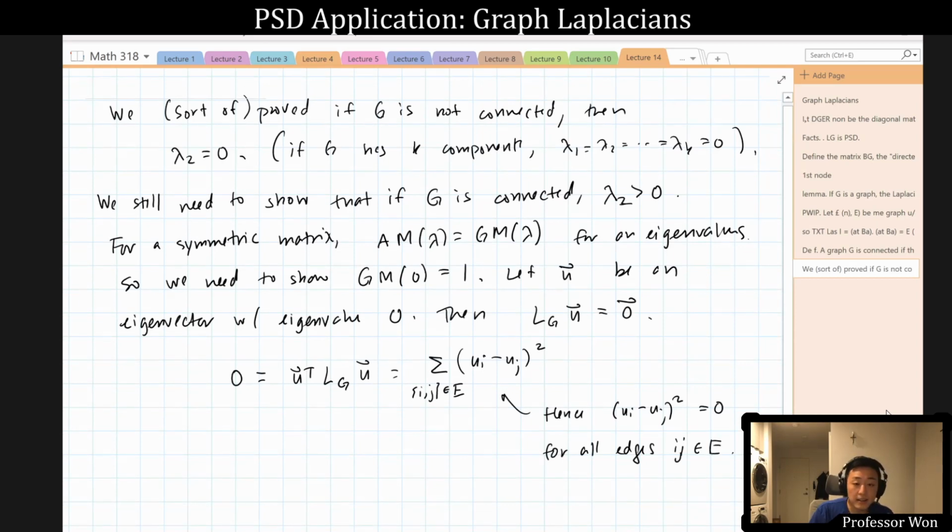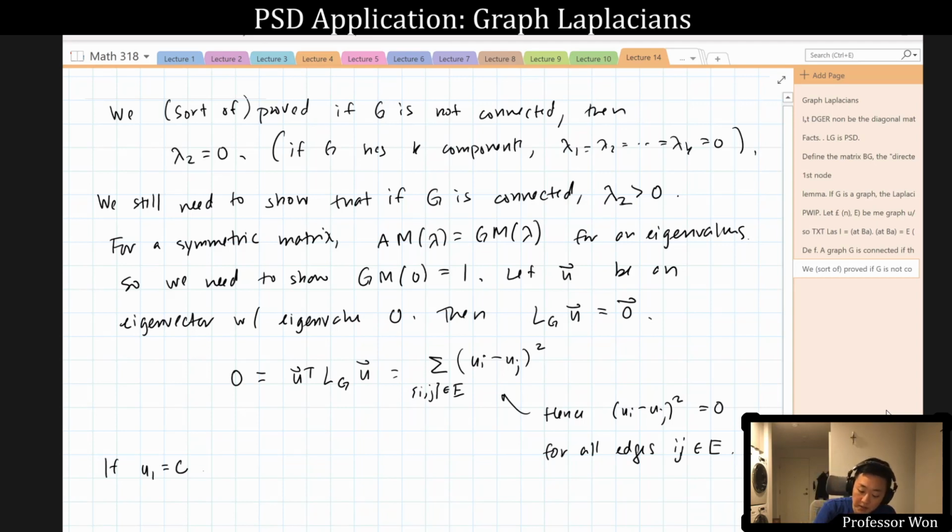Okay, now, since G is connected, I can walk from any vertex to any other vertex. I can walk from vertex 1 to any vertex I want, along the edges of G, right? So if U1 is equal to C, so I'm looking at the first term in my eigenvector, then every other vertex that 1 connects to also has to have a value of C, right?